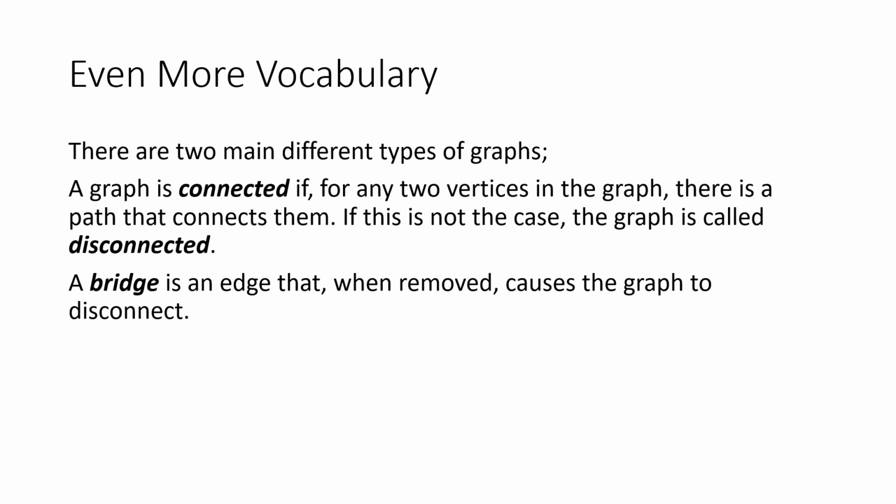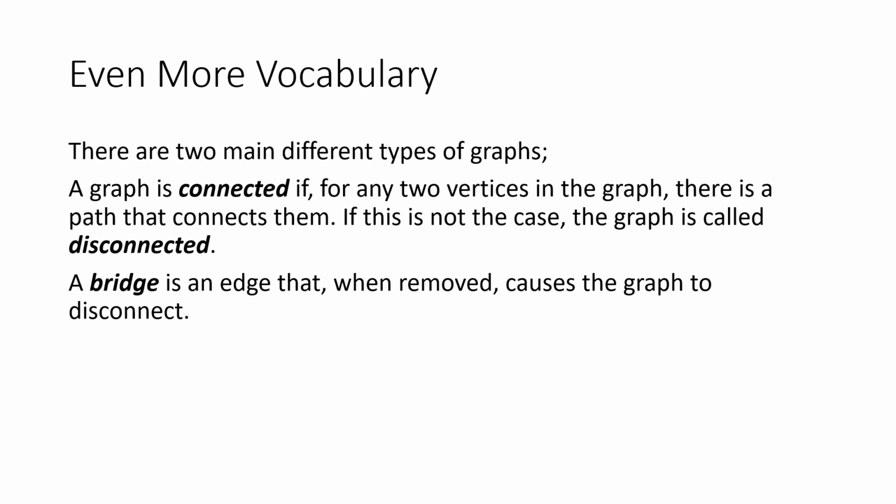For example, the last graph we had was connected because if I started at A, I could go to any other vertex. If I started from B, I could go to any other vertex. If I started from C, I could go to any other vertex. You get what I'm saying? Like in a path, they don't have to be adjacent. I just can get there if I needed to. We would consider those connected.